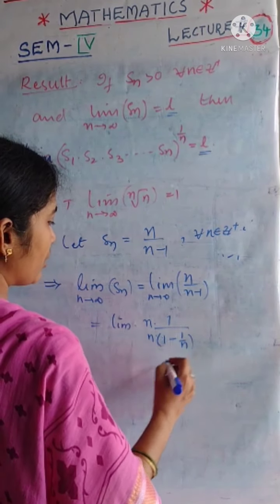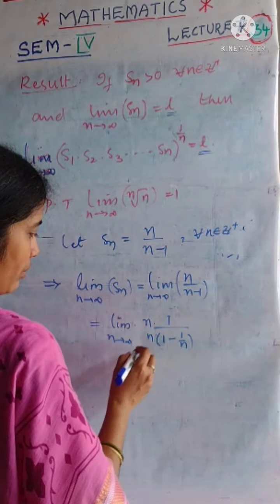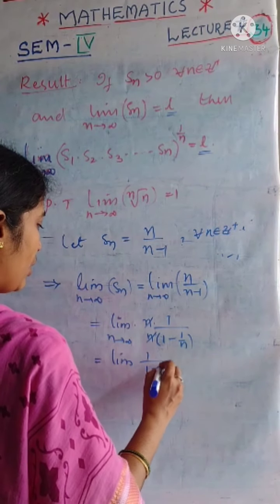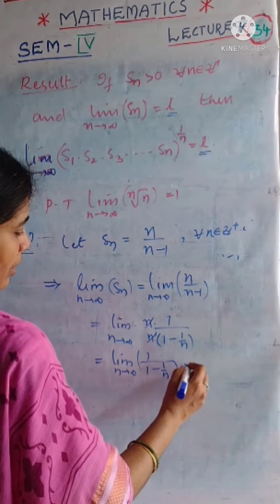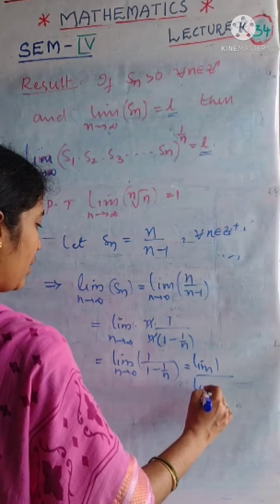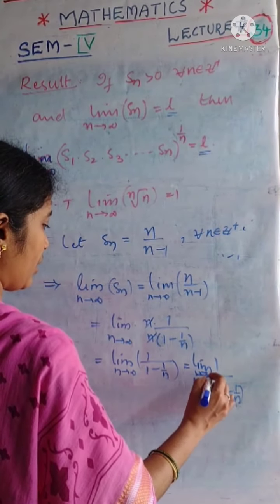Then this value is n into 1 by n into 1 minus 1 by n, and n cancels. Then the limit of 1 by 1 minus 1 by n. The limit of a by b can be written as the limit of a by the limit of b when n tends to infinity.